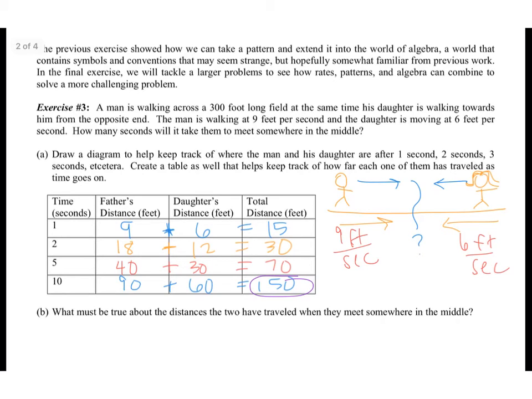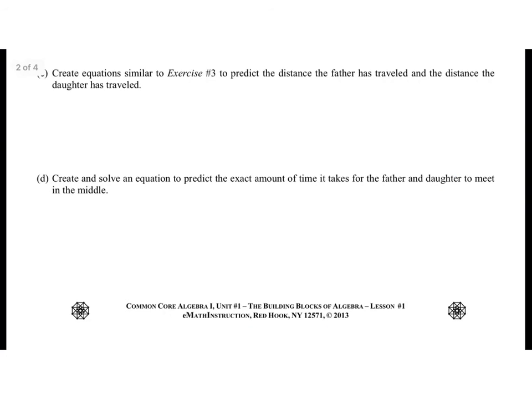Well, what must be true is that the total distance should equal 300 feet. That is what must be true about the distances the two have traveled when they meet somewhere in the middle. So we're going to create equations similar to the last exercise we just did to predict the distance the father has traveled and the distance that the daughter has traveled.